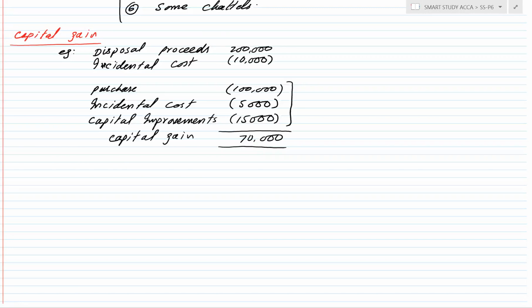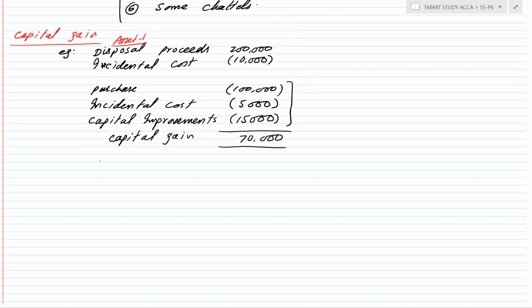In the exam, most of the time you will see selling price and purchase price. So we have sold asset 1 and we have capital gain of £70,000 from disposal of this asset.